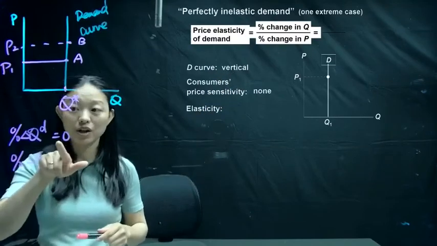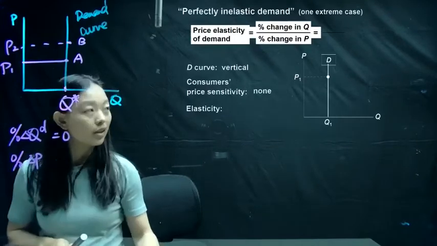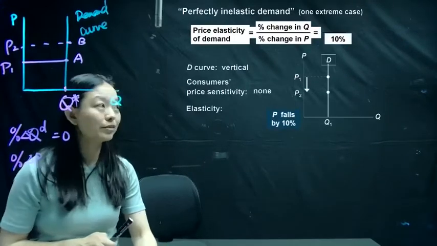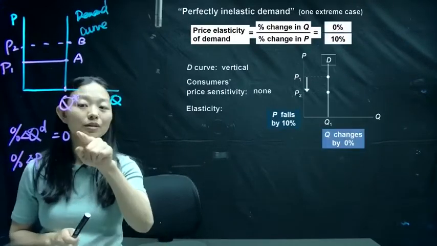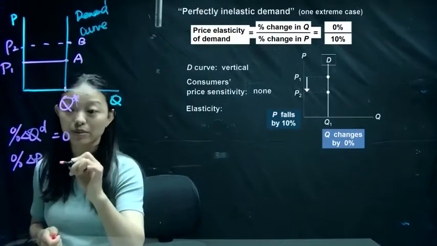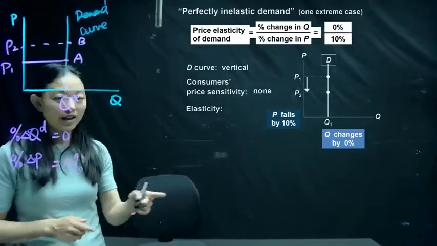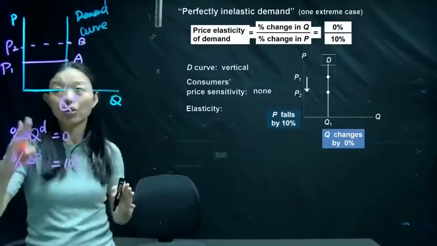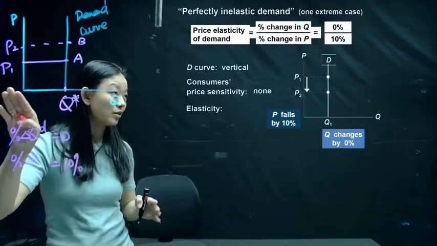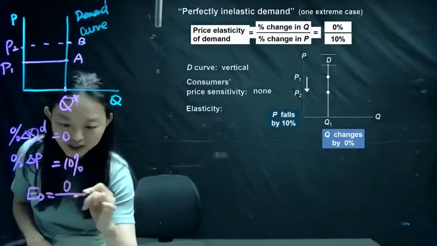Elasticity equals percentage change in quantity divided by percentage change in price. So we'll always have 0 divided by something, right? In this question, we have the percentage change in price maybe equal to 10%, right?